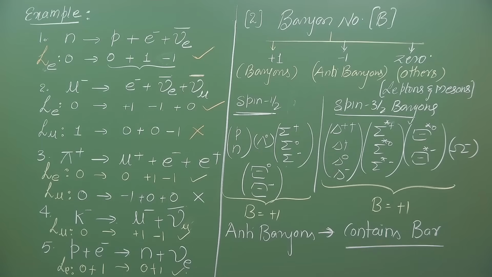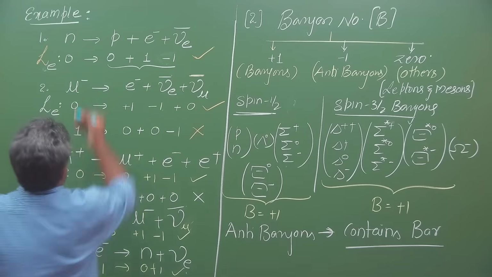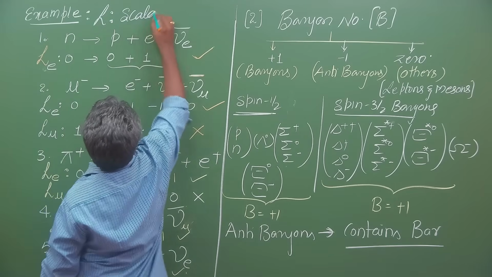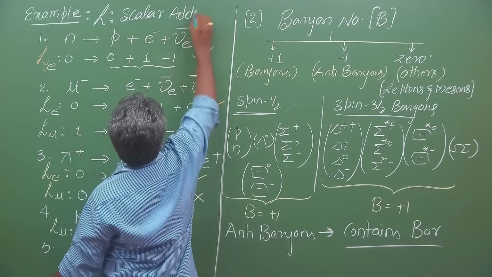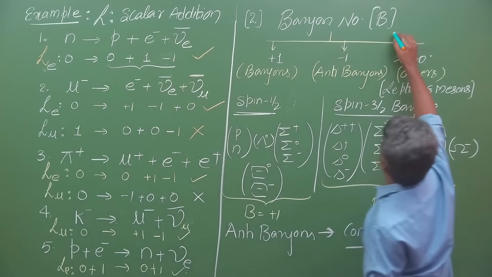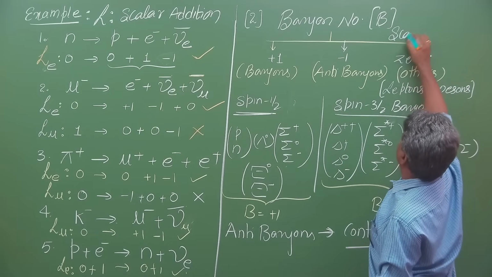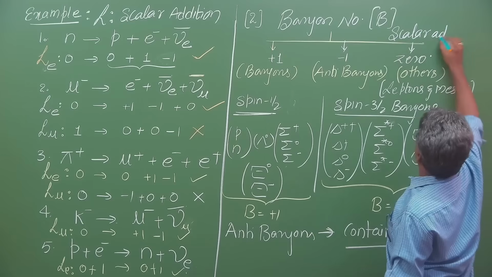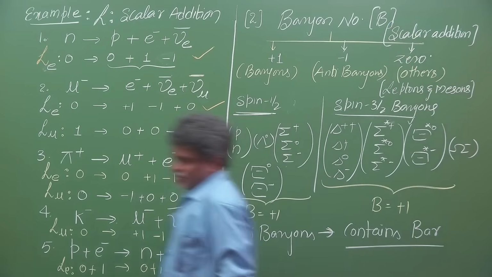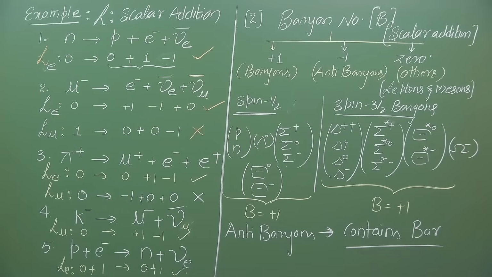One more thing you have to write here. Lepton number, which addition? Scalar addition, because you have taken numbers and add. Baryon number is also which addition? Scalar. What is other than scalar addition?